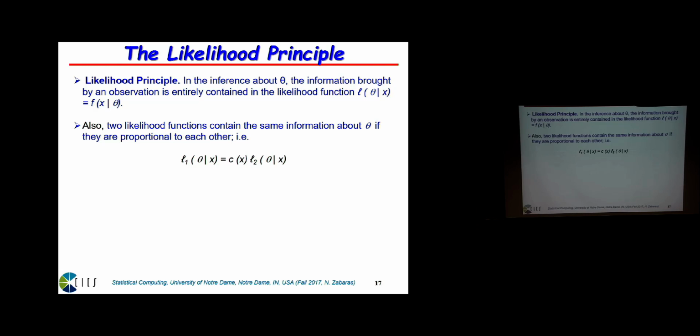So if you have a likelihood that looks like some function of x times another likelihood function, the estimate that you get for theta when you do maximum likelihood, for example, from here and from there has to be the same. Is it? So if I maximize this function with respect to theta, do I get the same thing as maximizing this with respect to theta?